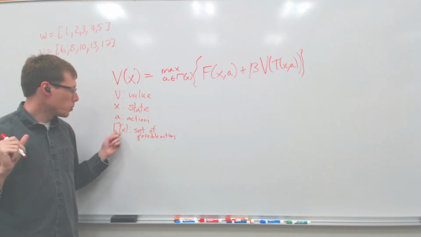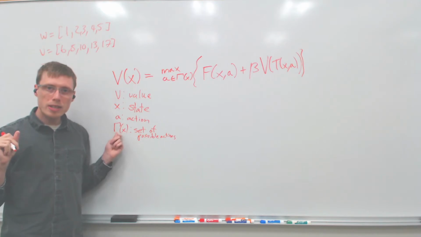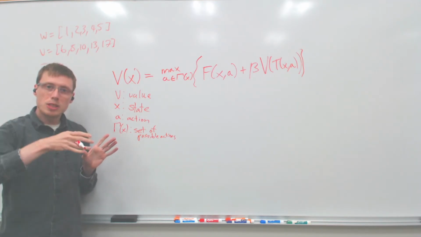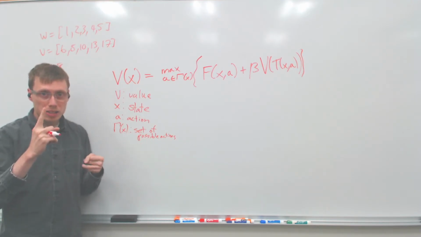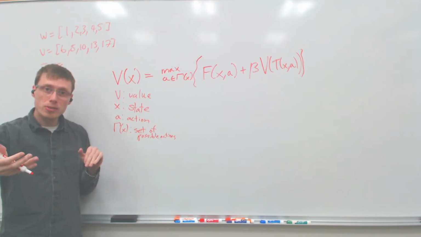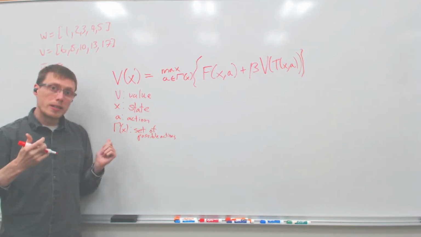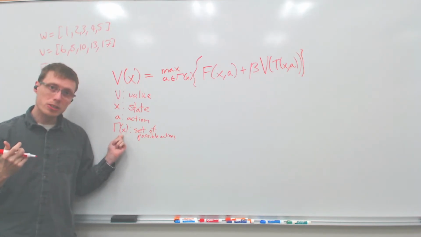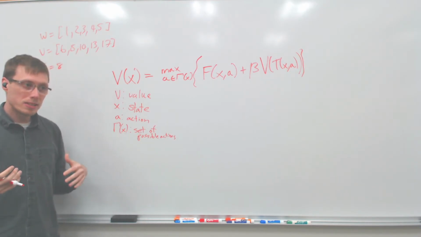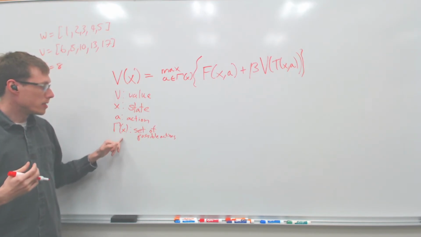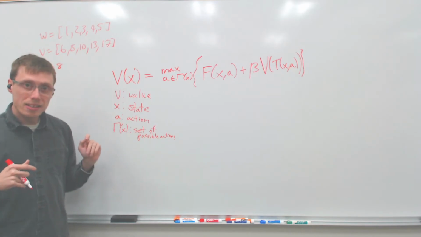Because if, for example, we have very little weight left, such that the item doesn't fit, we only have one action, don't include. We aren't allowed to try to include it if there's not enough weight. So this is where it says it depends on the current state. Your choice of actions might depend on the state. In our case, if we don't have enough weight, we lose out on the possibility of adding it.